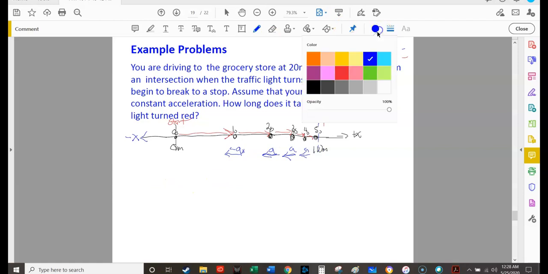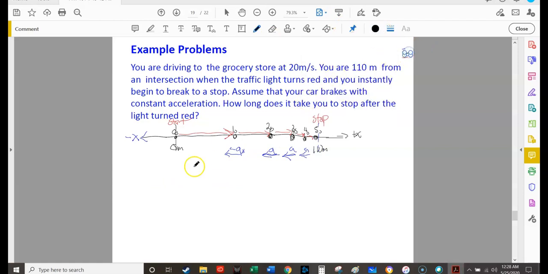All right, well, let's list off what variables we have. We know the initial velocity is positive 20 meters per second, in that we're traveling at a positive 20 meters in that first second. We want to come to a stop, so we want our final velocity to be 0 meters per second.